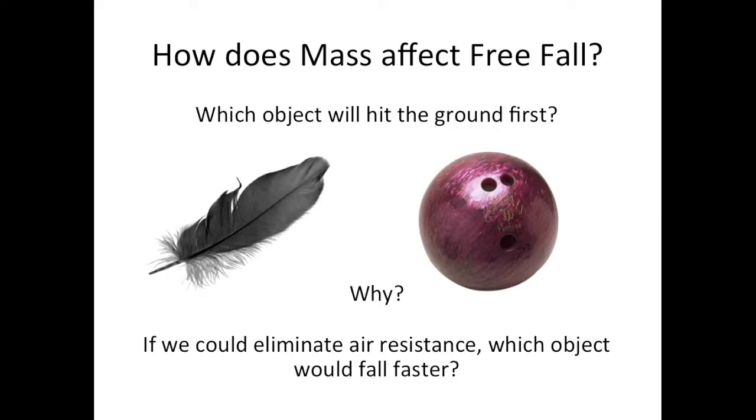Well, we're going to watch a video where we drop these two objects without any air resistance. To do that, we are going to use the great guys at BBC who teamed up with NASA to do this experiment for us. So let's watch the video.